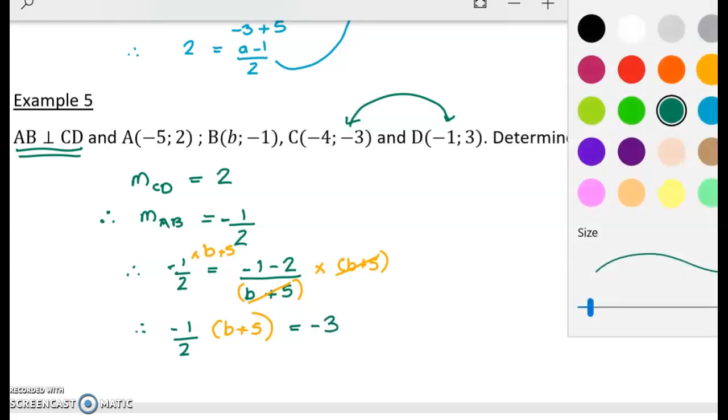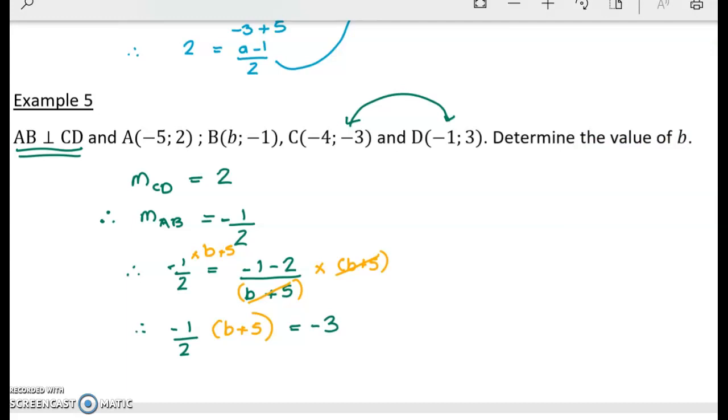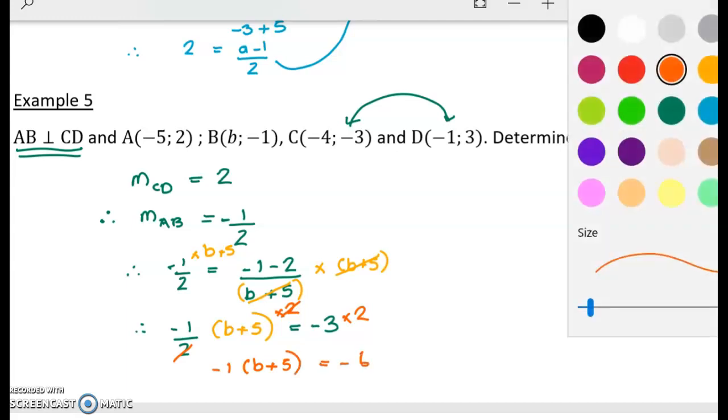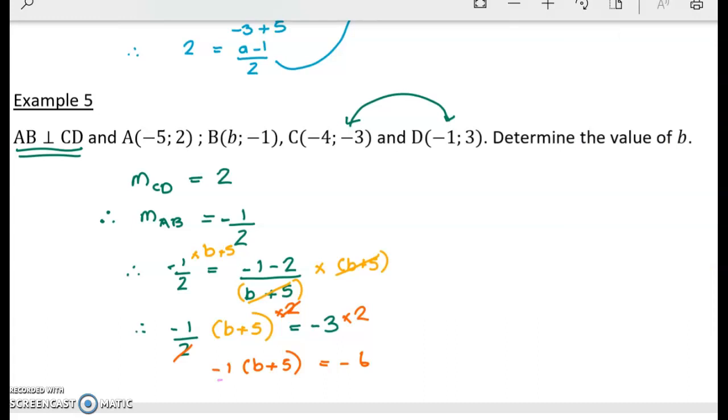Now what I see, multiply. Then what I would do is I would divide this by minus 1.